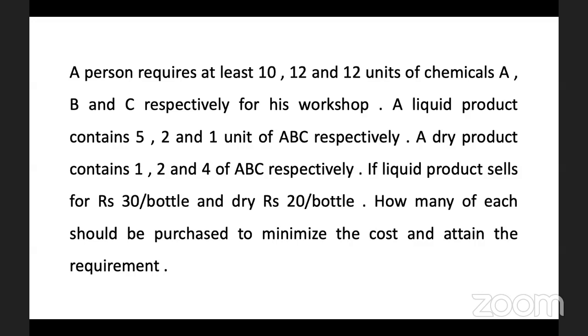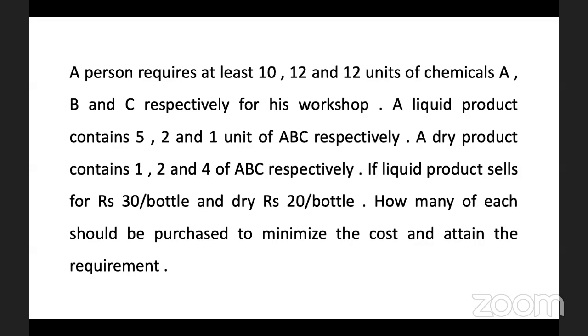The chemicals can be either in a liquid form or a dry form. The next line is, a liquid product contains 5, 2, and 1 unit of chemicals A, B, and C respectively. So we have a liquid product where chemical A is 5 units, chemical B is 2 units, and chemical C is 1 unit.